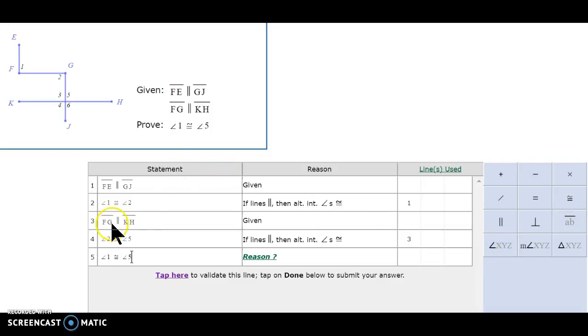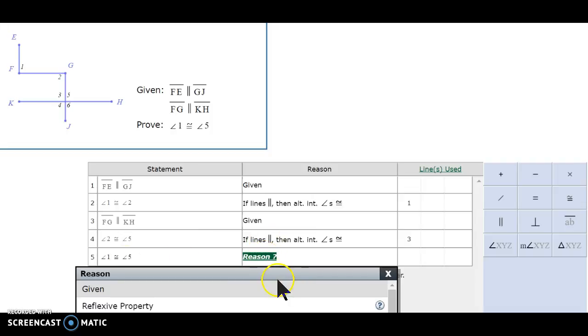Does that make sense? Because 2 is the bridge. Angle 1 has equal measure as angle 2. Angle 2 has equal measure as angle 5. So angle 1 must be equal measure as angle 5. Right? That's pretty simple. Now, this is where you have to be careful.